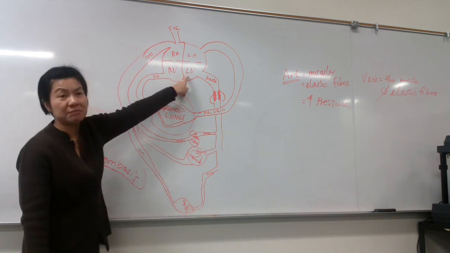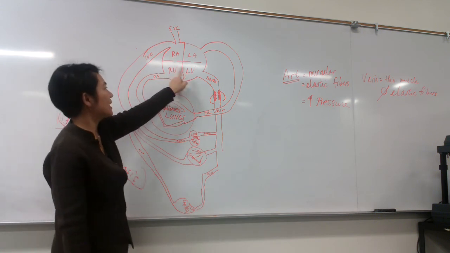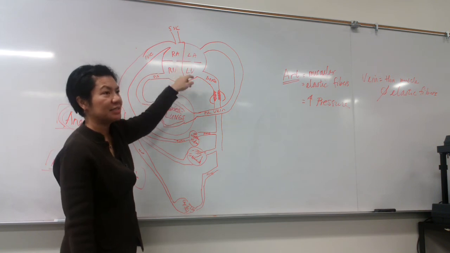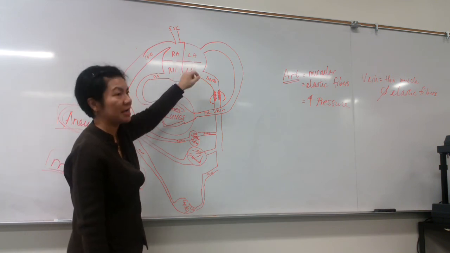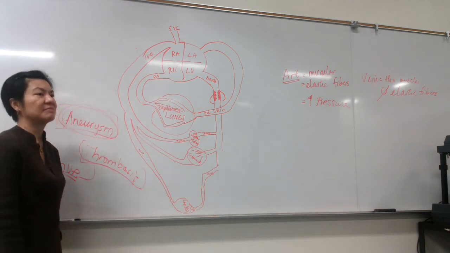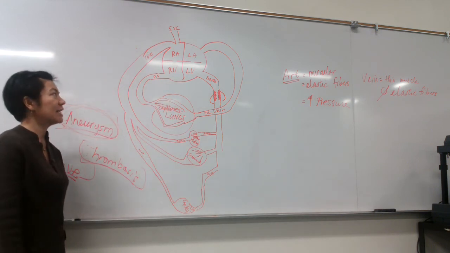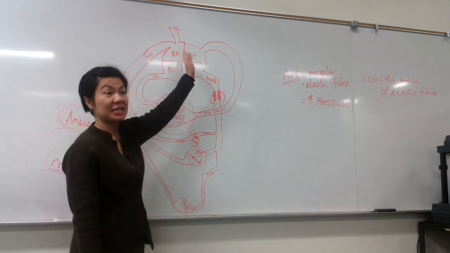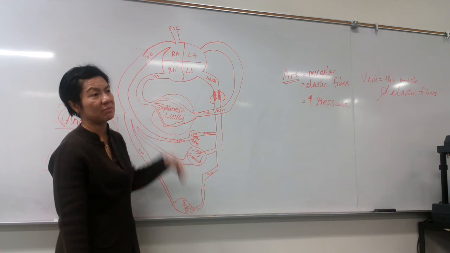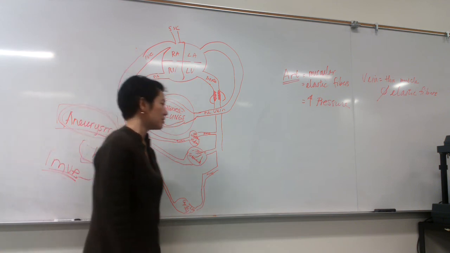So because this pumps stronger, which one has the tendency for prolapse? If you have any resistance, would it be the mitral valve or the tricuspid valve? Mitral valve. So that's why the left side always prolapses first. That's the most common, mitral valve prolapse.